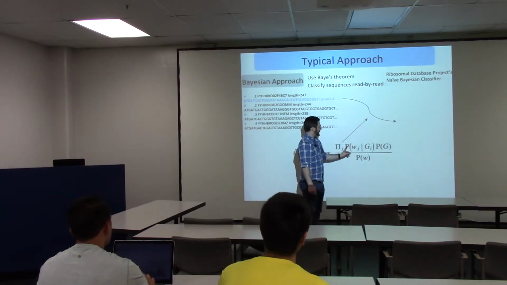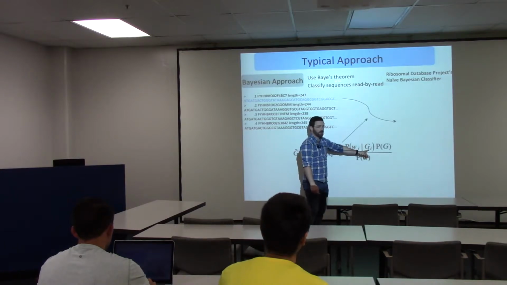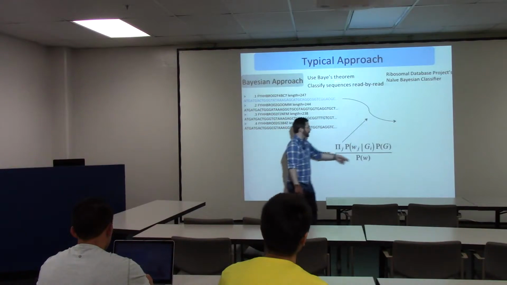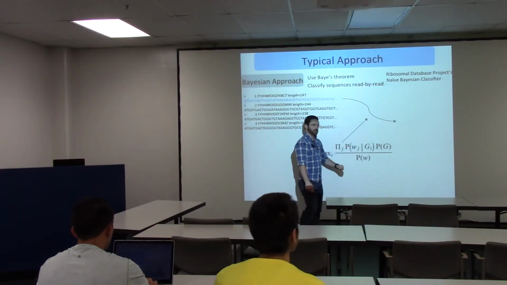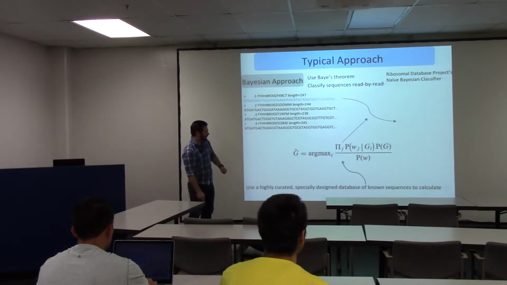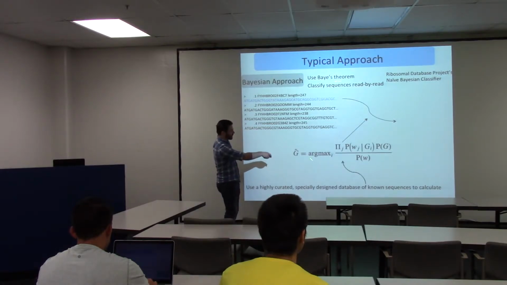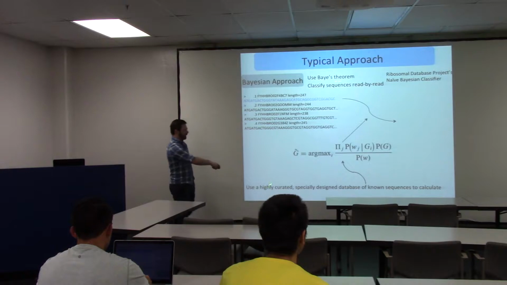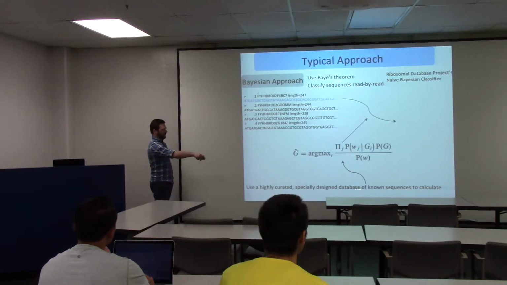And you want to find the probability that that k-mer is found, given that you're looking at genome i, and then maximize this probability over which genome you're classifying to. So this maximization right here is over a very carefully designed database of known sequences.